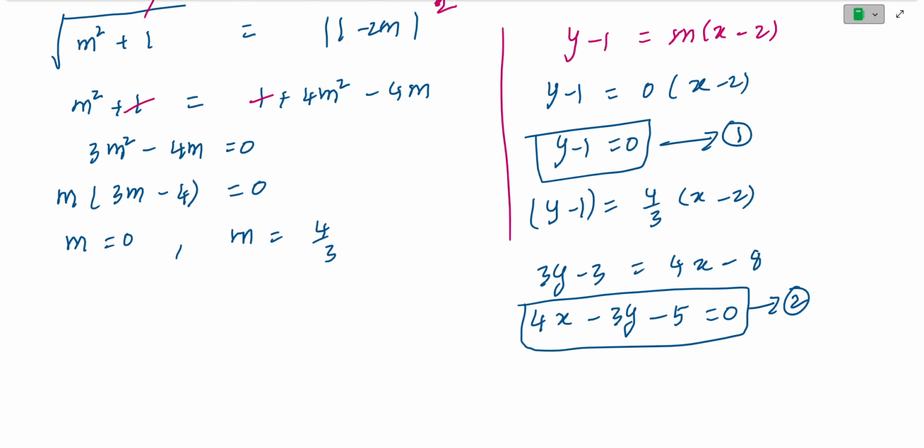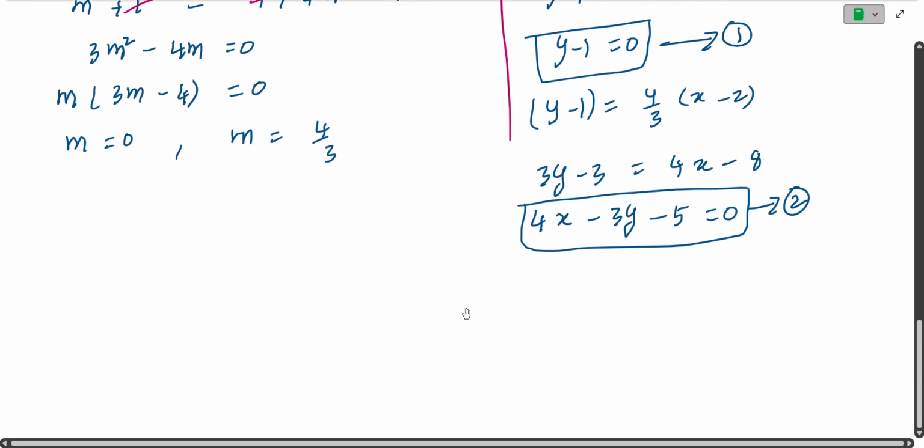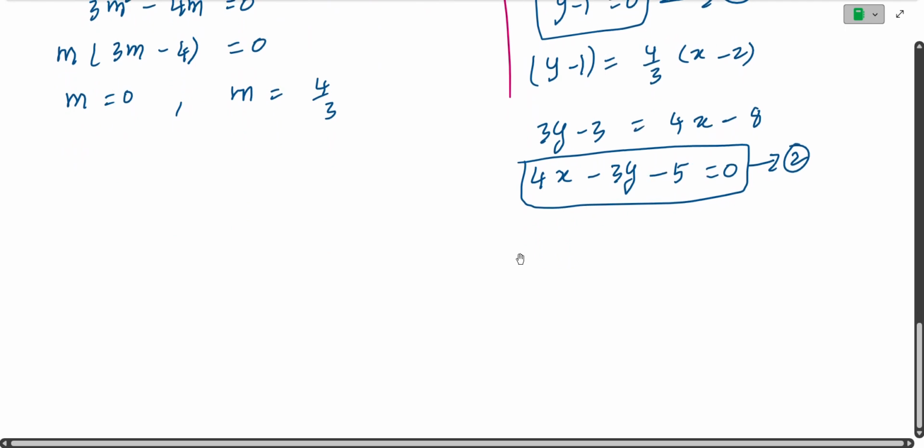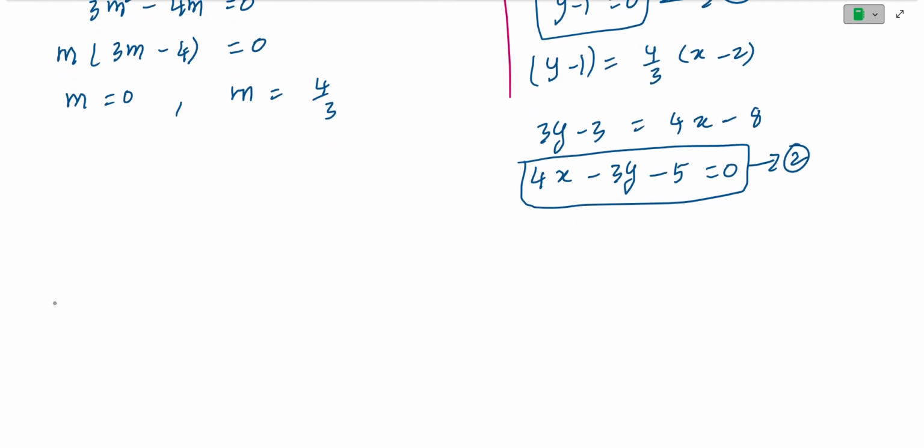The pair of straight lines equation will be y minus 1 times of 4x minus 3y minus 5 is equal to 0.